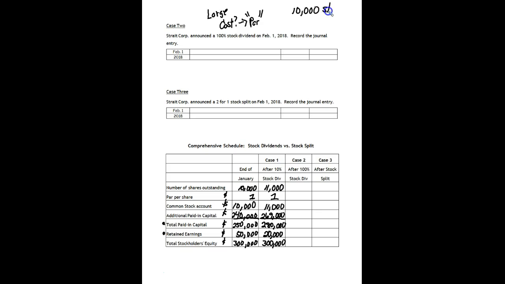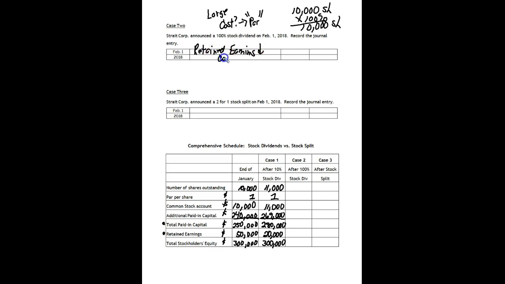Okay, we have 10,000 shares. If we issue another 100% of those, we're going to issue 10,000 more shares. So we know that dividends reduce retained earnings, so retained earnings will go down. We're bypassing the dividend account.